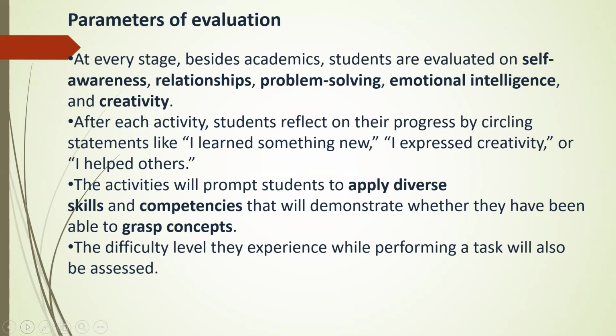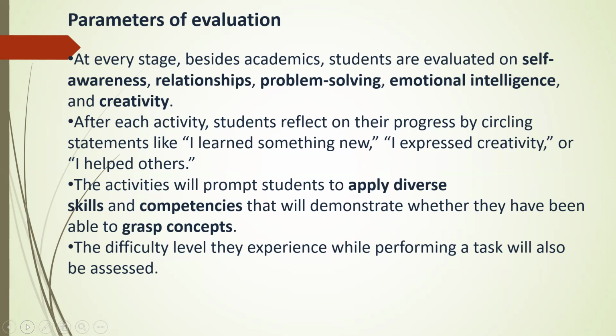Parameters of evaluation in a holistic progress card. At every stage, besides academic, students are evaluated on self-awareness, relationship, problem solving, emotional intelligence, and creativity. After each activity, students reflect on their progress by circling statements like, I learned something new, I expressed creativity, or I helped others.